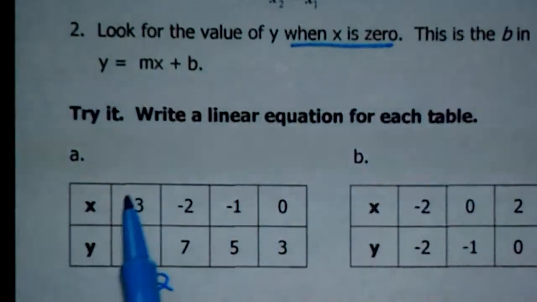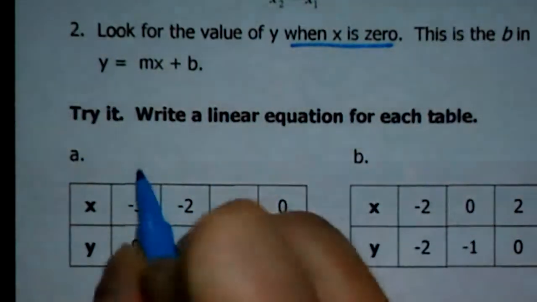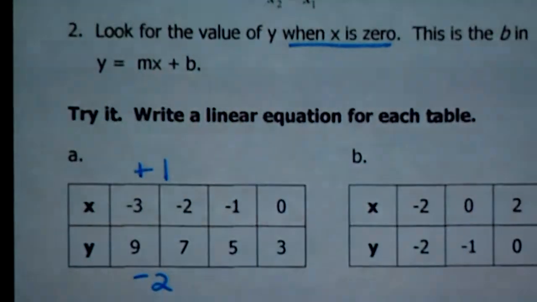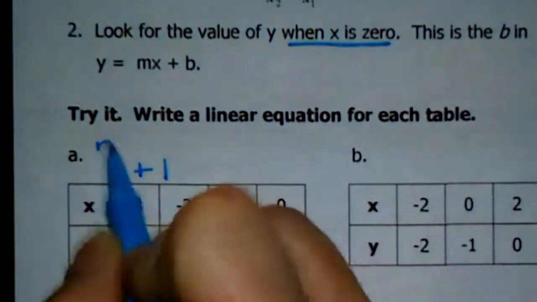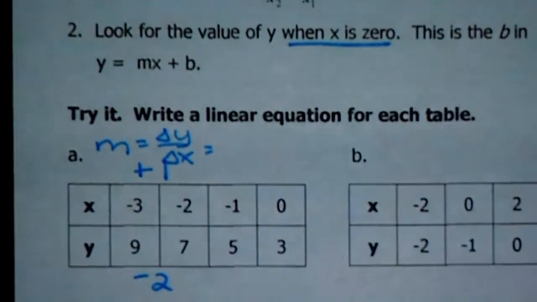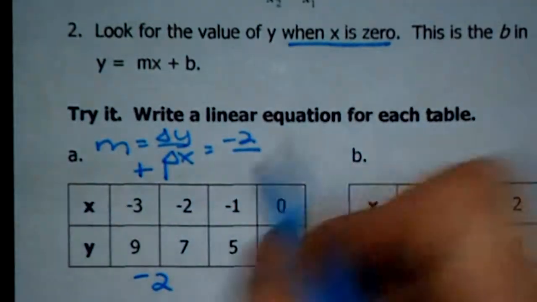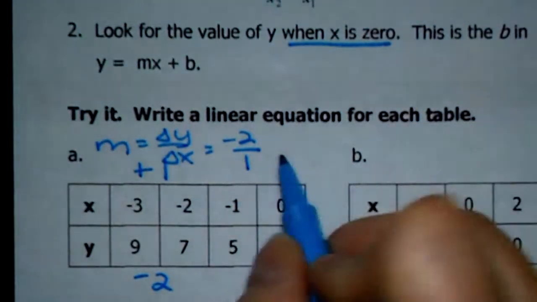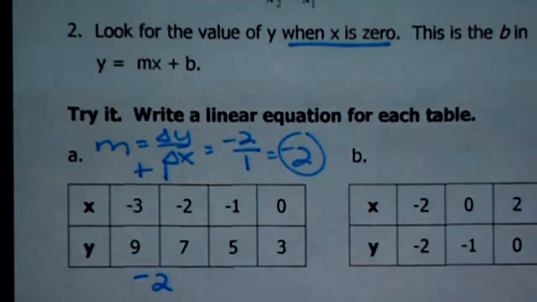And x goes from negative 3 to negative 2, negative 2 to negative 1, negative 1 to 0. And we're seeing that we're adding 1 every time. So the slope is equal to the change in y over the change in x. So all you need to do is take what y is going up or down by, divide it by what x is going up or down by, to get your slope. So we know that our slope is negative 2.